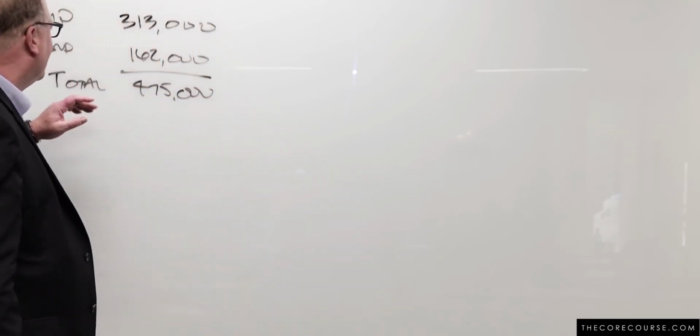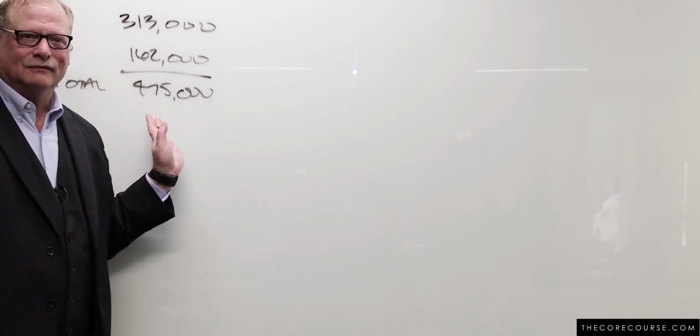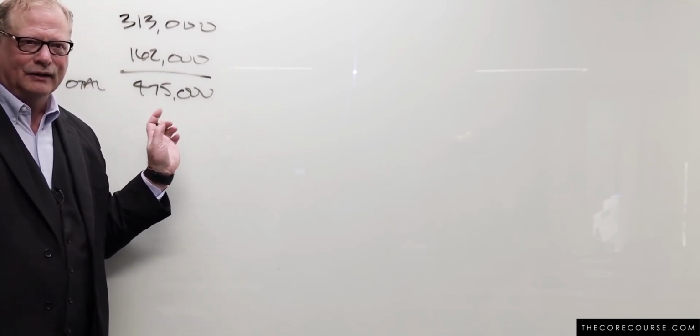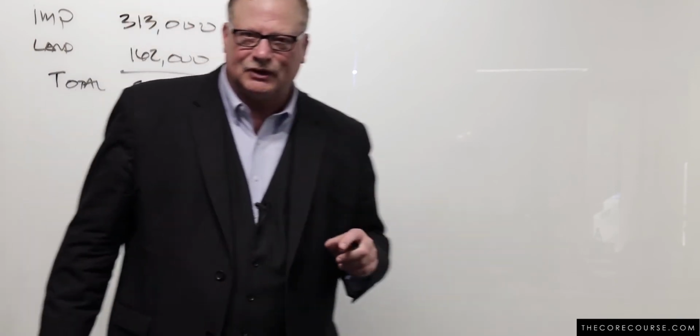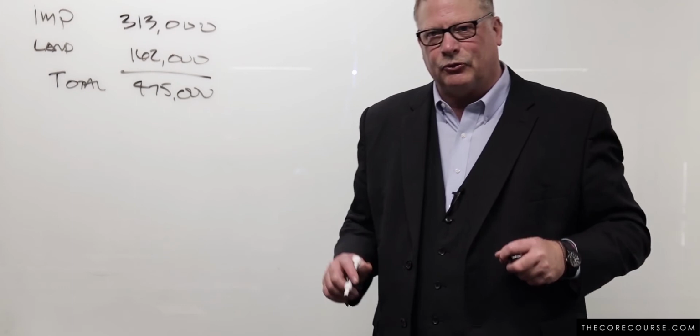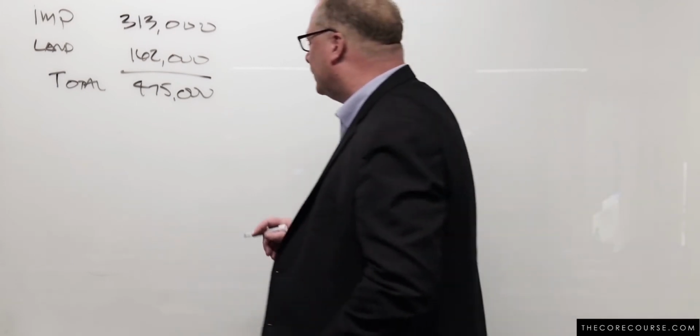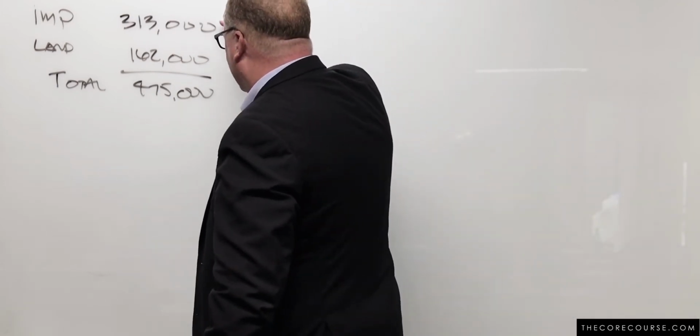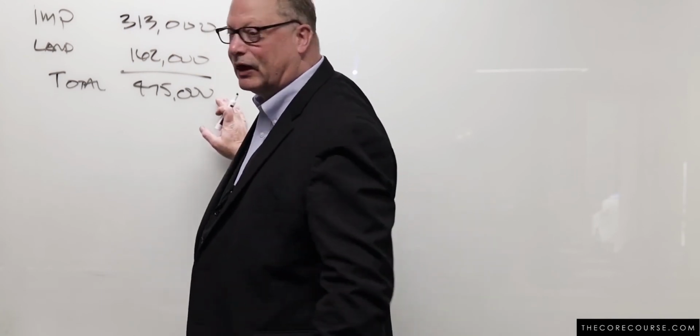Okay. So you with me on this? Everybody pretty much gets this? Okay. Now remember what I said earlier. Land is not depreciable. We have to separate the land from the improvements. So here's how we do it. We take the improvement value and divide it by the total value.